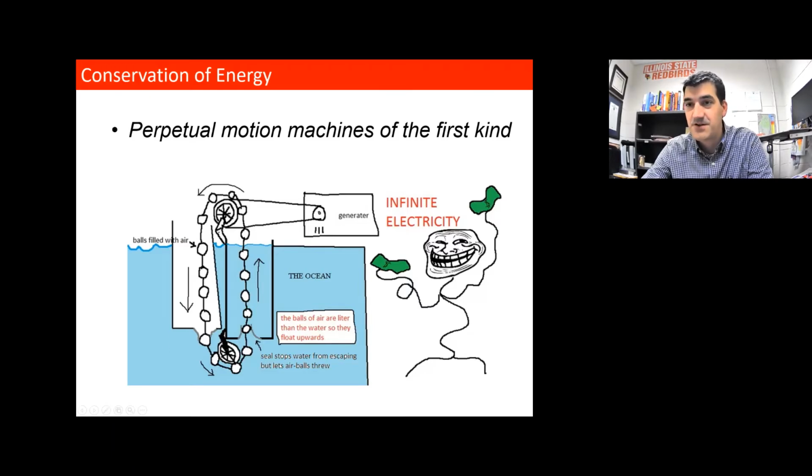So it turns out you don't gain anything by having the left side filled with air and just having a seal at the bottom. You have to expend the same amount of energy regardless. So there is no net buoyant force acting on this side compared to this side, and you don't get a torque on this sprocket right here, and you don't get infinite work out of this machine.